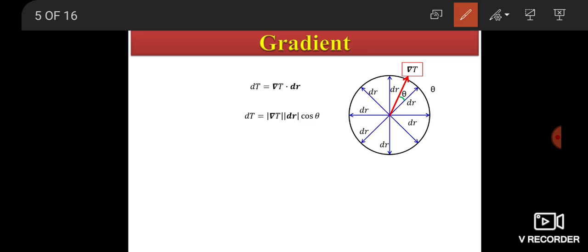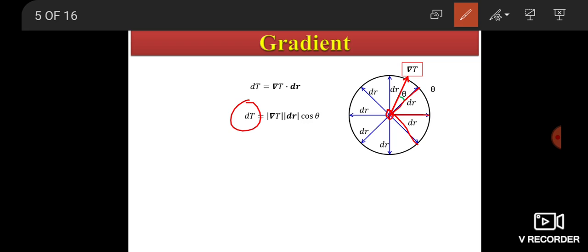After many trials, we will move in such a direction along which dT is maximum.